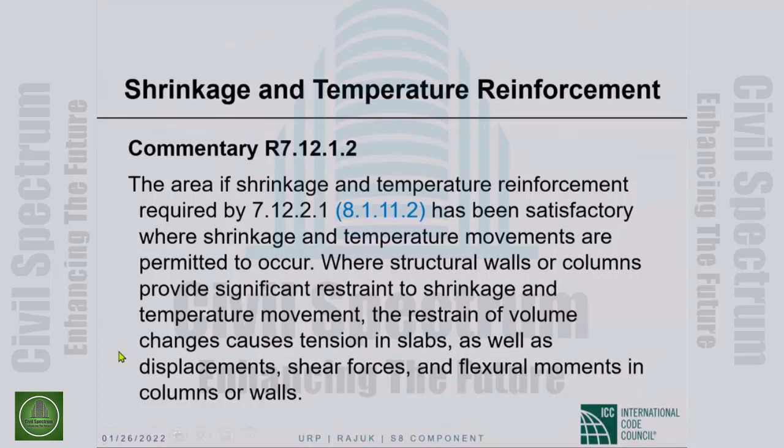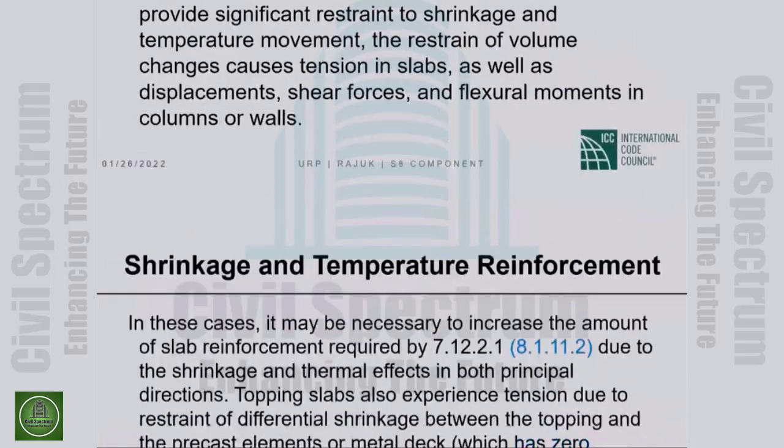The area of shrinkage and temperature reinforcement required has been satisfactory where shrinkage and temperature movements are permitted to occur. Where structural walls or columns provide significant restraint to shrinkage and temperature movement, the restraint of volume changes causes tension in slabs, as well as displacements, shear forces, and flexural moments in columns or walls.